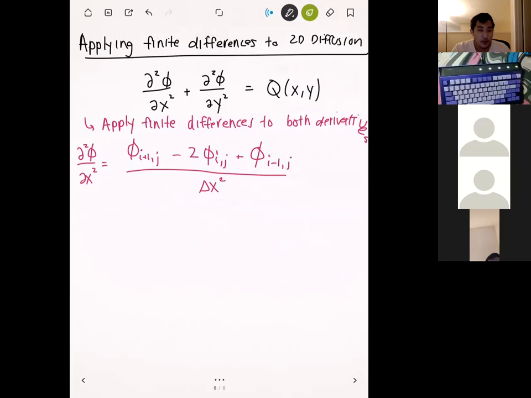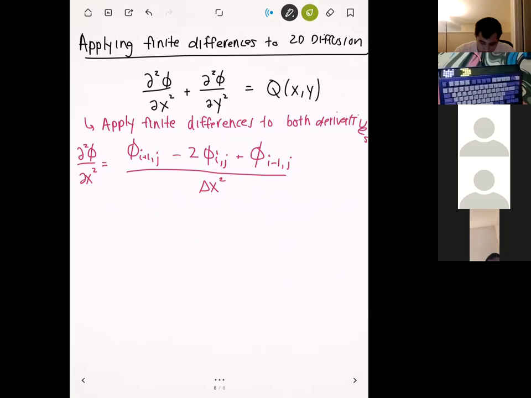In the 1D case, remember, we applied this once for that equation, and this is what we get. What you see here is that we have two coordinates now, right? And so the phi no longer is just i. Now we have phi at i, comma j, because there are coordinates in both. This is another reason why we use the ij coordinates for our 2D grid, so that we can easily plug them into this expression.